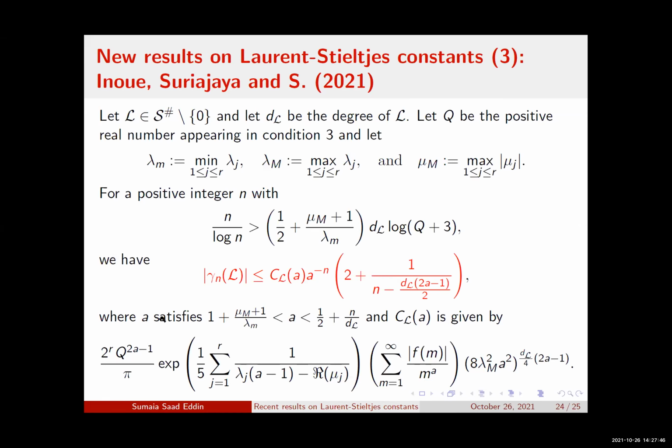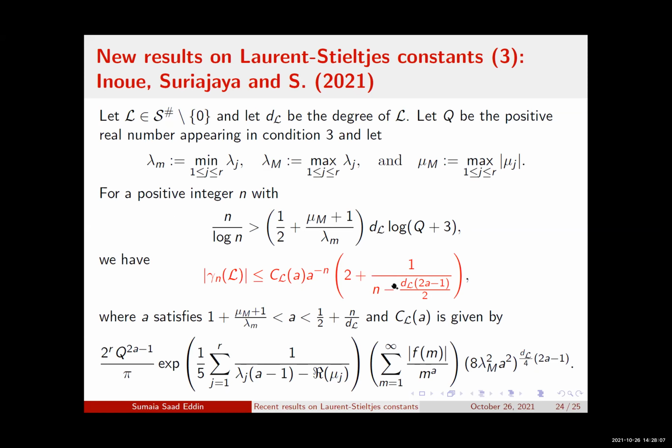As you see, we have many definitions, so just don't look at these few lines. The more important red line here shows that we can get an upper bound for our coefficients. And this is actually a generalization of many known results.